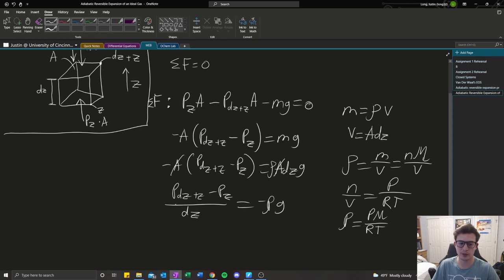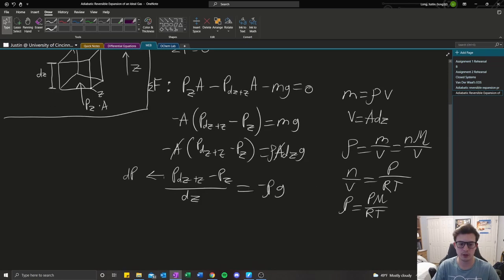But before we do that, we also need to notice that this here is just a change in pressure over this position from z to dz plus z. So that's really just a change in pressure. So we're going to go ahead and call that dp.